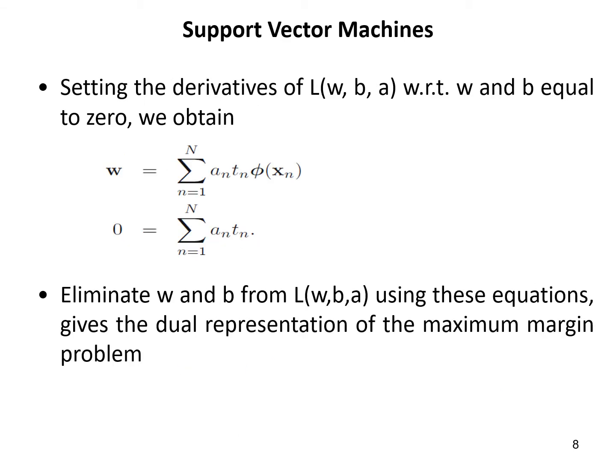Setting the derivatives of L(w, b, a) with respect to w and b equal to 0, we obtain w equal to the summation over n of an tn phi(xn), and also the summation over n of an tn equal to 0. Eliminating w and b from L(w, b, a) using these equations gives the dual representation of the maximum margin problem.